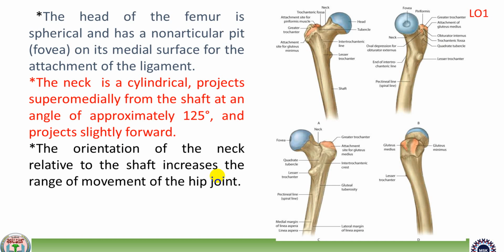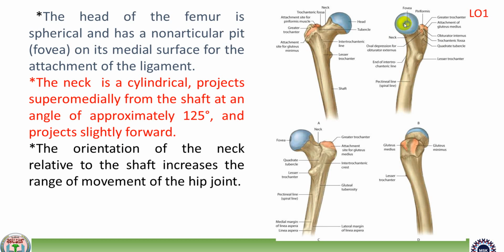Now we come to the first part of the hip joint, that is the head of the femur, which is spherical in shape. It is usually covered by hyaline cartilage. This is the articular part of the head of the femur.